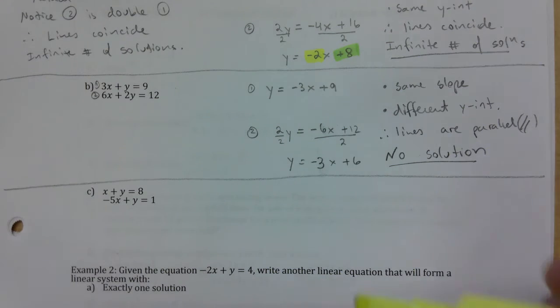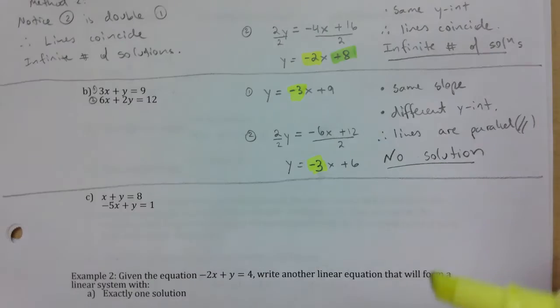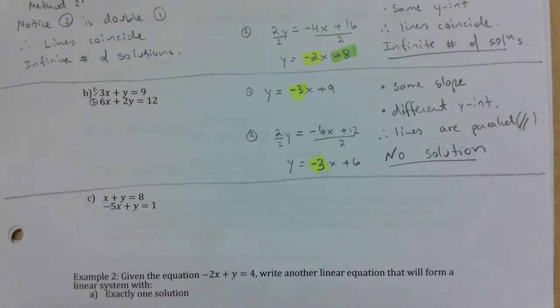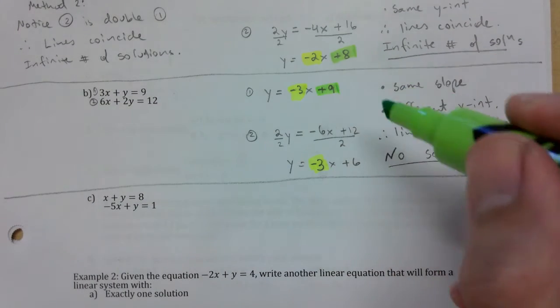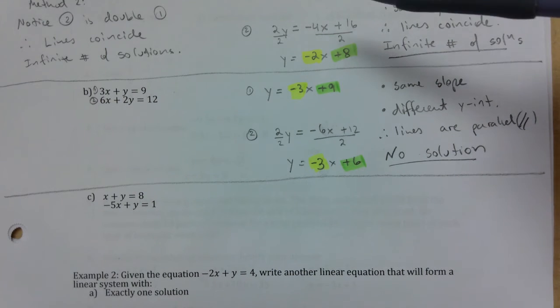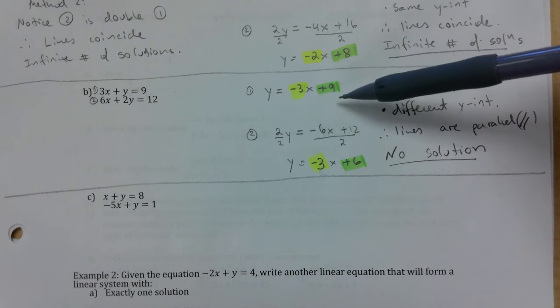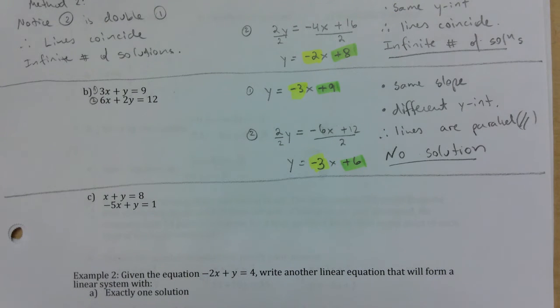So again, I will highlight what I'm looking for: the slopes and the y-intercepts. And there you have it. If both are the same, infinite number of solutions because it's coinciding lines. If the slopes are the same but the intercepts are different, two different lines that are parallel because they have the same slope.